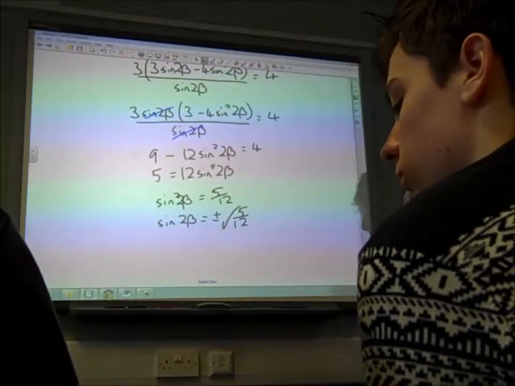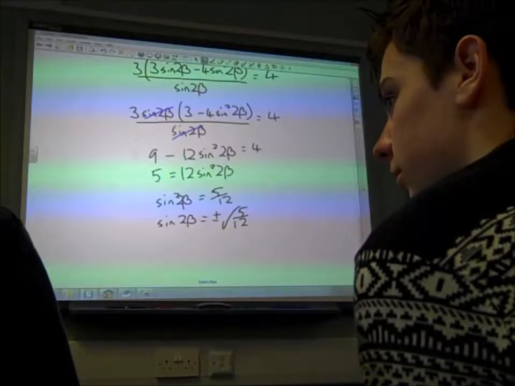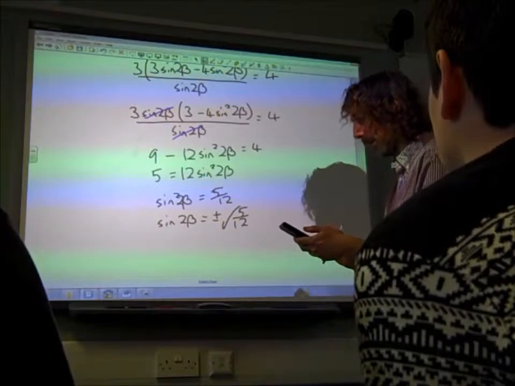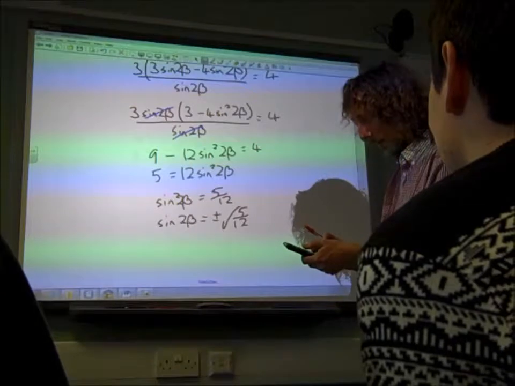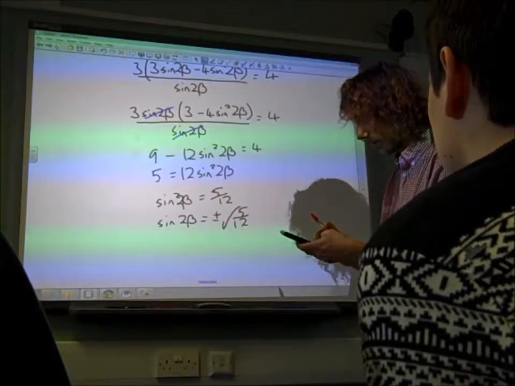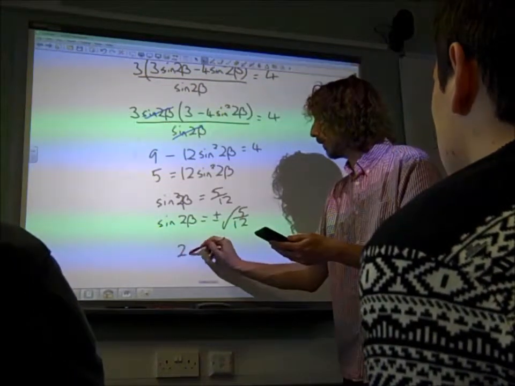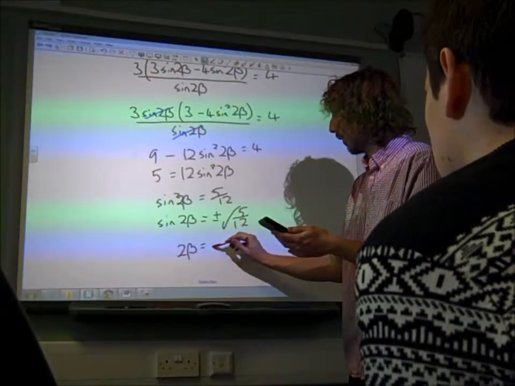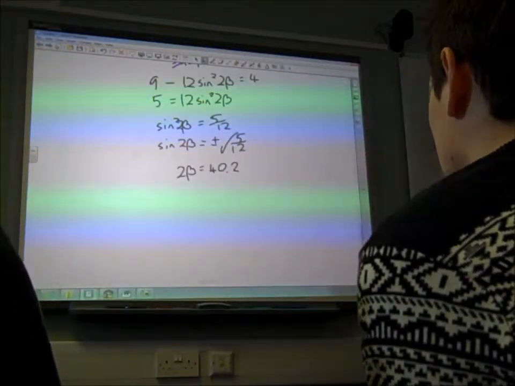So now we need to use our calculator and do inverse sine of that and come up with some angles. I'm doing inverse sine of, let's do the positive one, and the calculator says 40.2 for that positive square root.